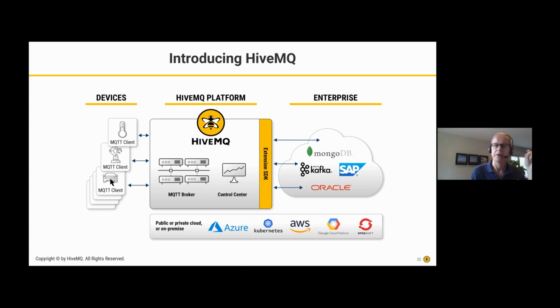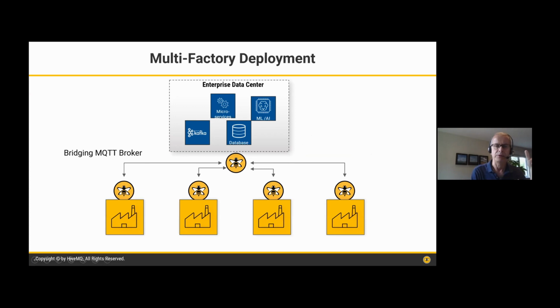I also wanted to talk a bit about how we see people deploying the broker in a multi-factory deployment. This would be a more sophisticated unified namespace where potentially you'd have a unified namespace isolated within each factory, so a broker in each factory. But what we're seeing more and more is that people also want to collect information from each factory into a corporate data center and have a unified namespace in the corporate data center.